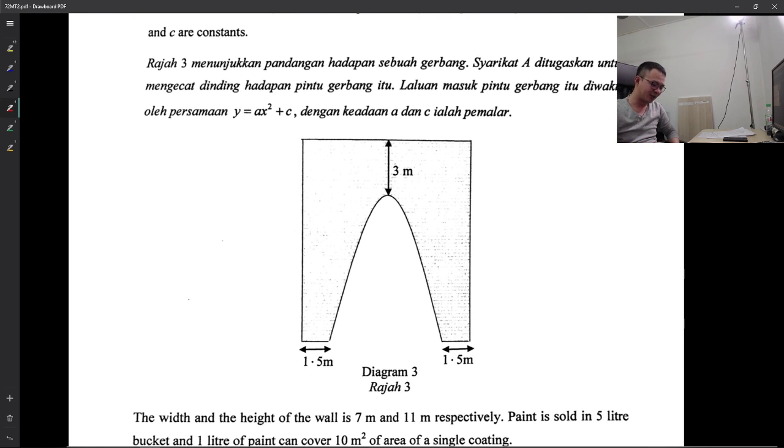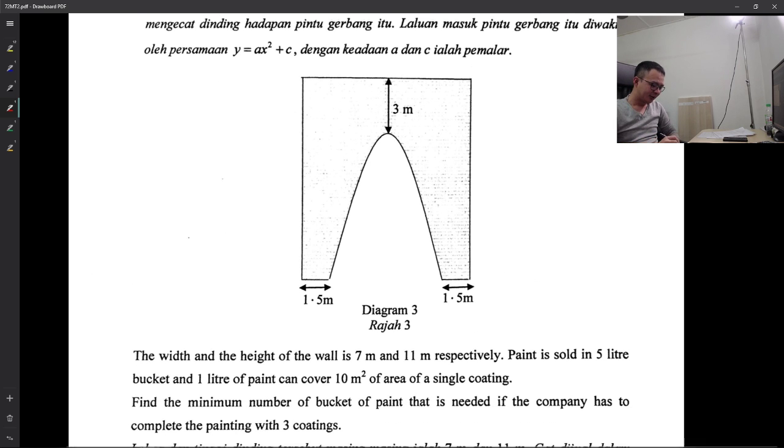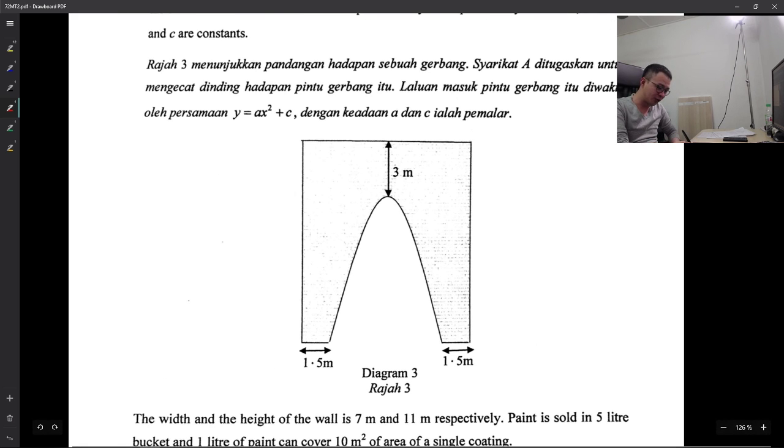So we have a wall here, and the width and the height of the wall are 7 meters and 11 meters respectively. So we should know this is 7 meters, and the whole thing here will be 11 meters.